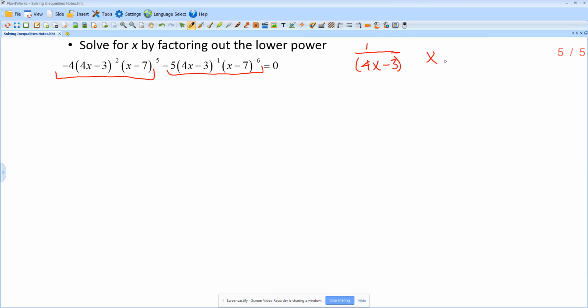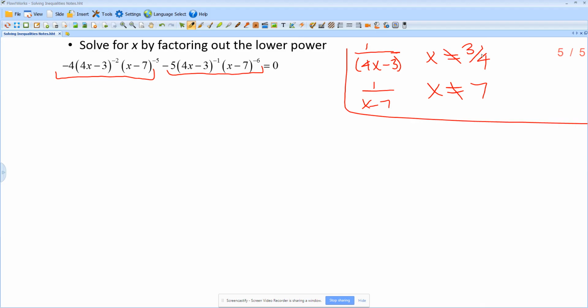So in this case, x cannot be equal to 3/4. If you were to set this equal to 0, you would get 3/4. So x cannot be 3/4. We also have 1 over x minus 7, which tells us that x could not be 7. So we just want to keep that in mind as we're going through these problems, because if we algebraically get them as answers, we'd have to exclude them and say, nope, actually that doesn't work.